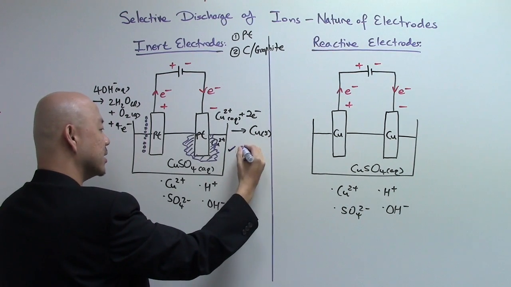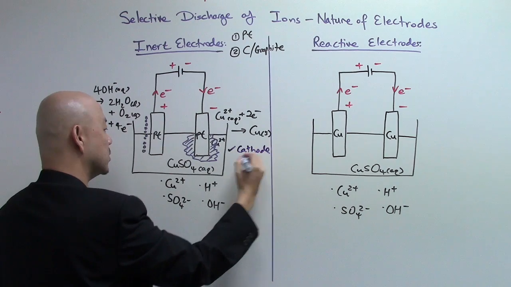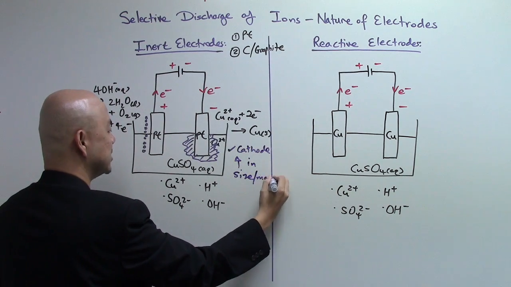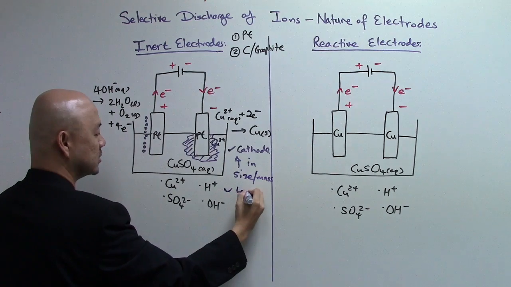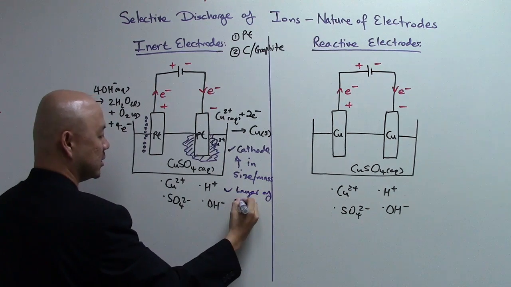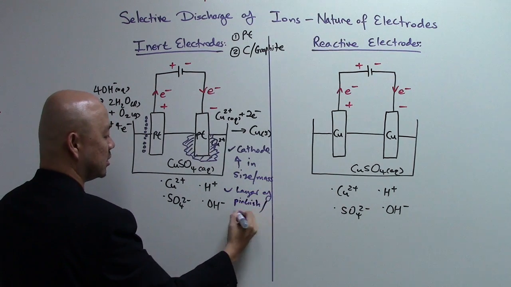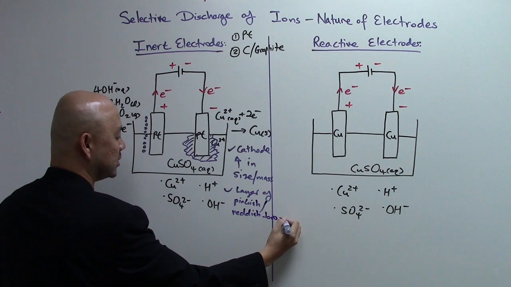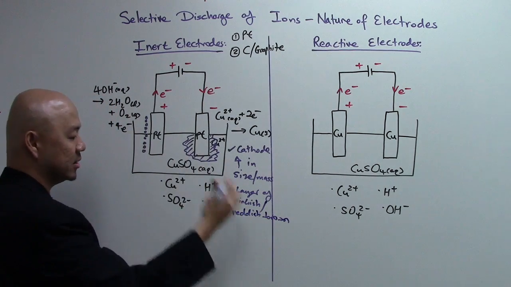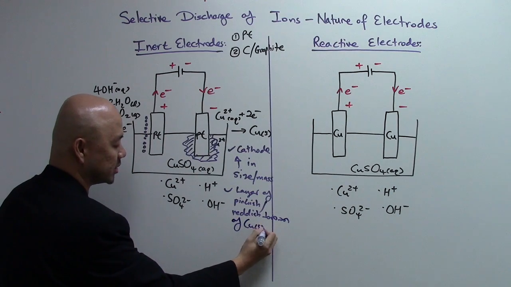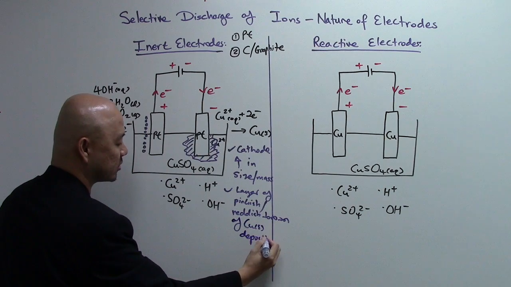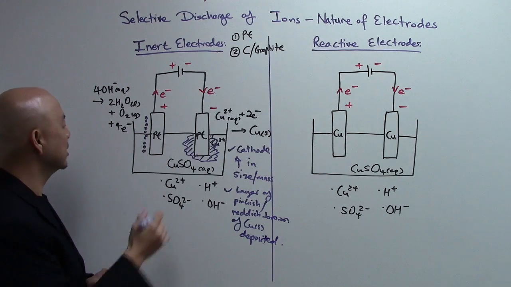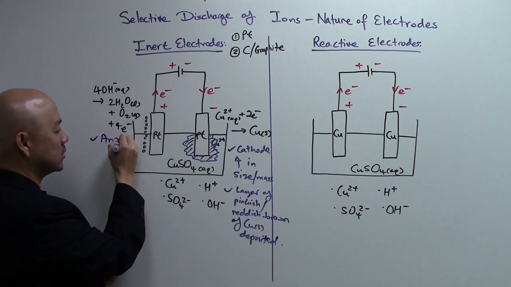Number one, the cathode will increase in size or mass, and you will see a layer of pinkish or reddish brown, either color is fine, of copper solid deposited. So this is what you see at this side called the cathode. What about the anode?